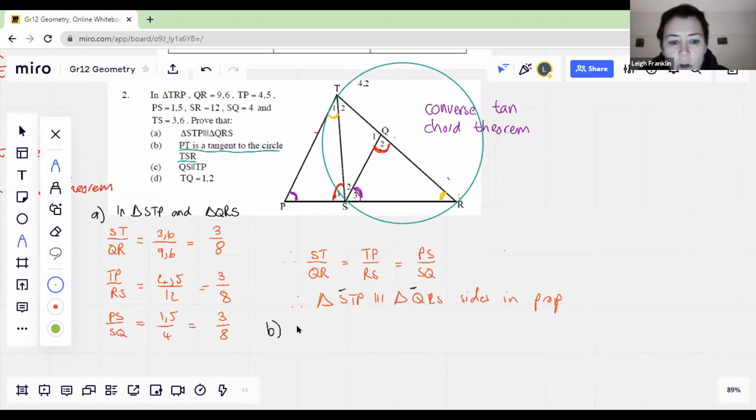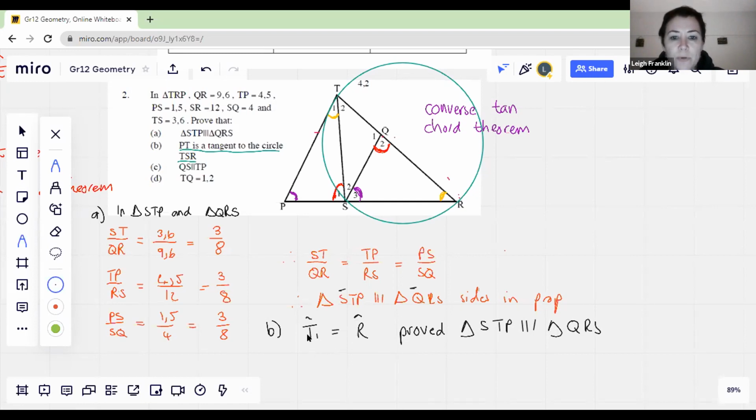From this, I can conclude that angle T1 equals angle R. And this is because I have proved triangle STP similar to triangle QRS.